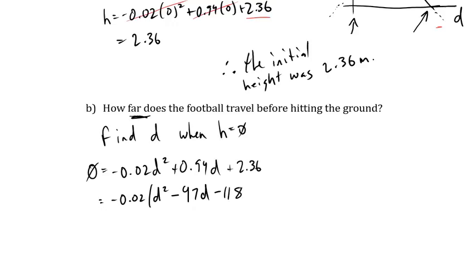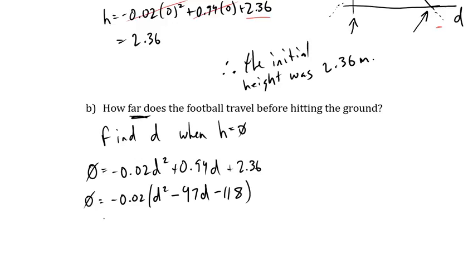So two numbers that have a difference of 47 and a product of 118. I'm wondering if that's going to work. And I don't think it does. I still don't think that's factorable.